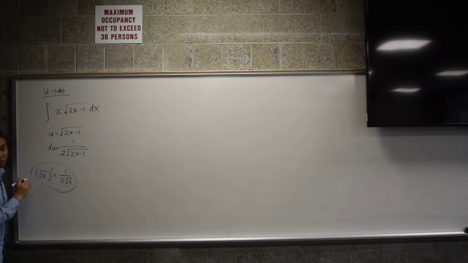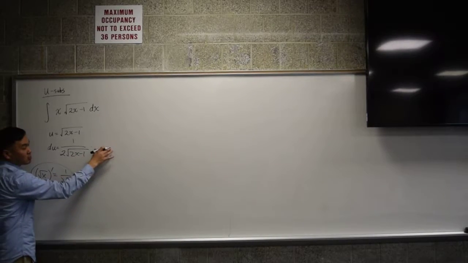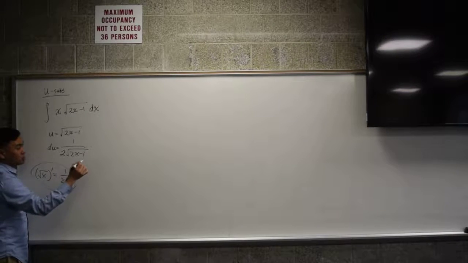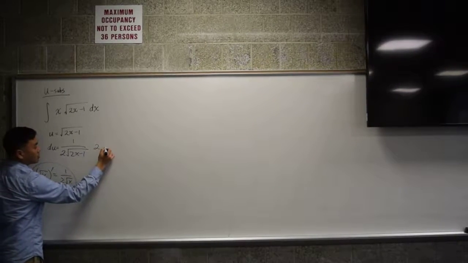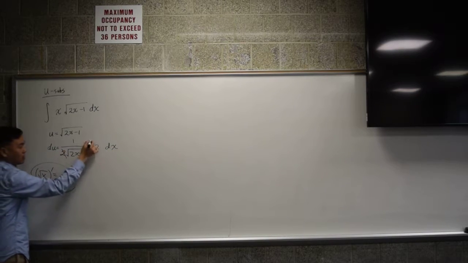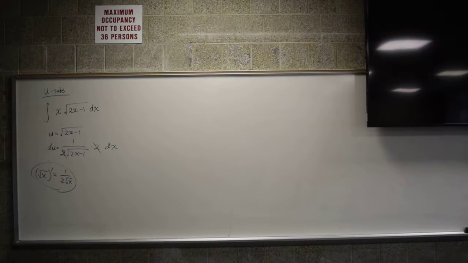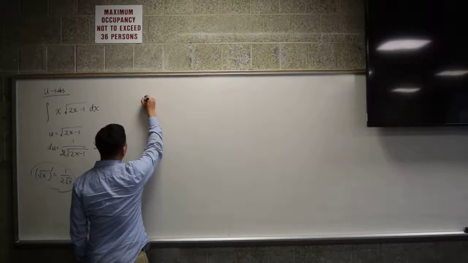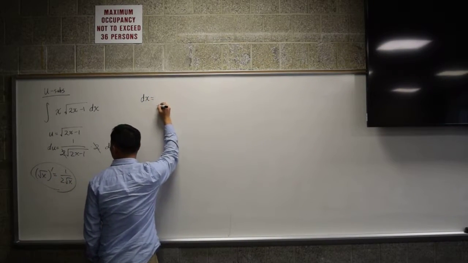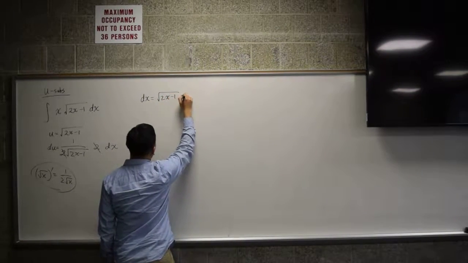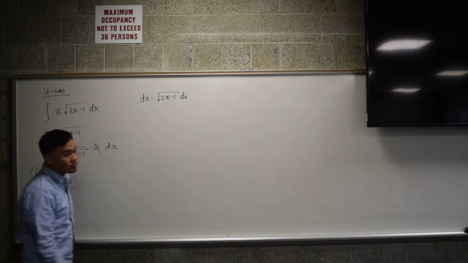And then by the chain rule, the 2x minus 1 has to be differentiated, which gives you 2 times dx. And the 2 and 2 cancel. So if you solve for dx, you get dx equal to the square root of 2x minus 1 times du.